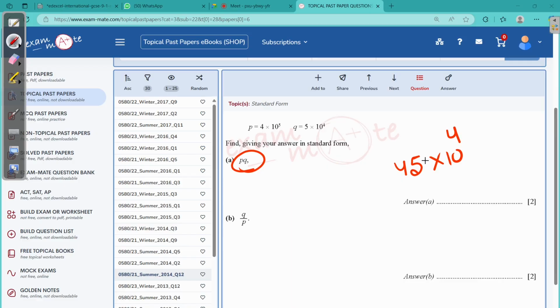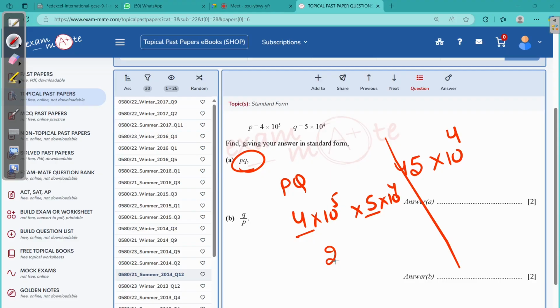I found the common 10 to the power of 4, and then you put a bracket, 4 times 10 plus 5. We have to multiply P and Q, right? So it is 4 into 10 raised to power 5 into 5 into 10 raised to power 4. You just do 20 to the power 9. It's 20 into 10 raised to power 9.